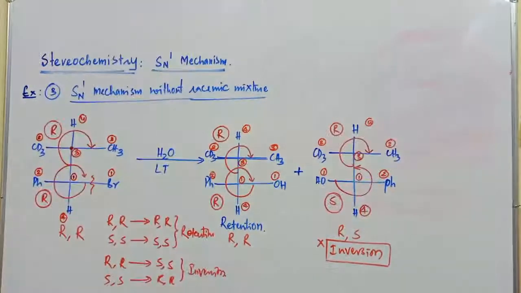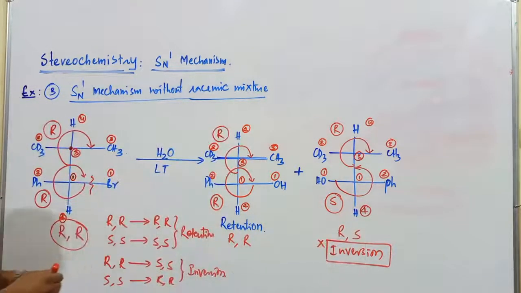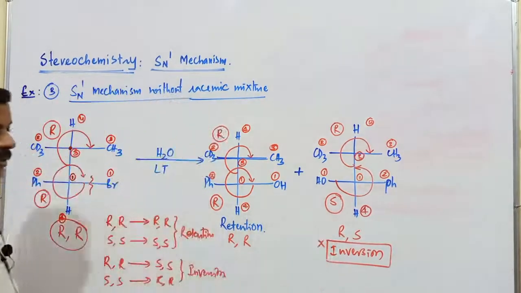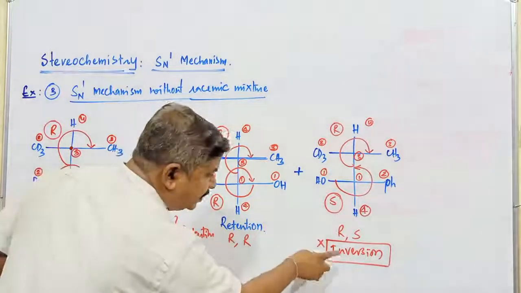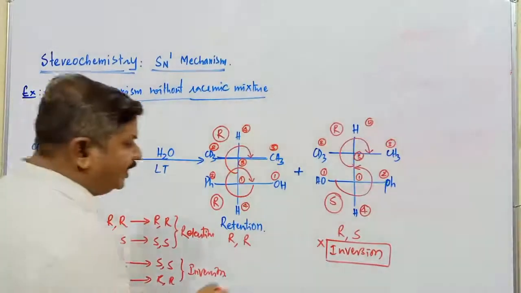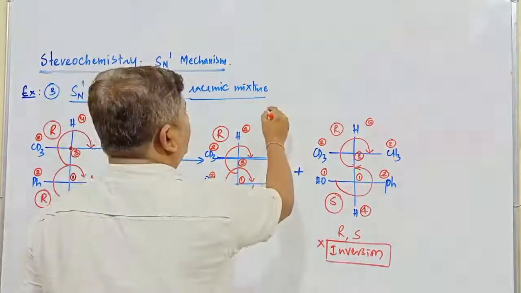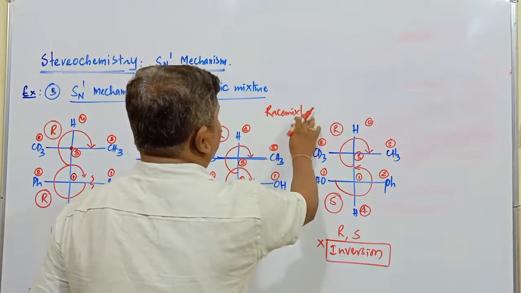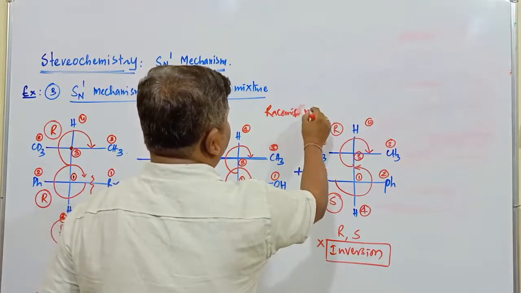Now what happens here? The R configuration converts into R and S configuration. Because of that reason, this particular structure is not considered an inversion. When this is not an inversion, the question of calling these products a racemic mixture does not arise, as it is not forming a racemic mixture.